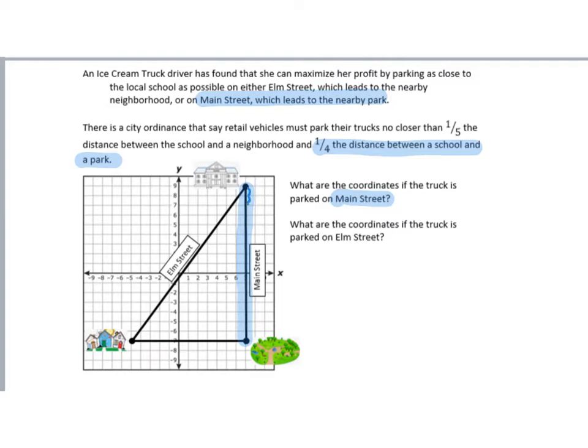1, 2, 3, 4, 5, 6, 7, 8, 9, 10, 11, 12, 13, 14, 15, 16. So we know the total distance from the school to the park on Main Street is 16.